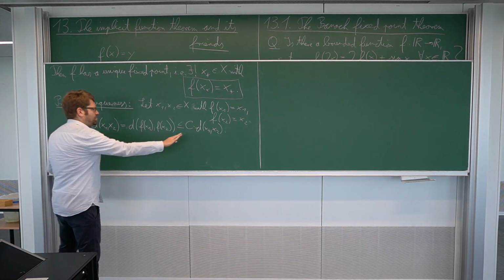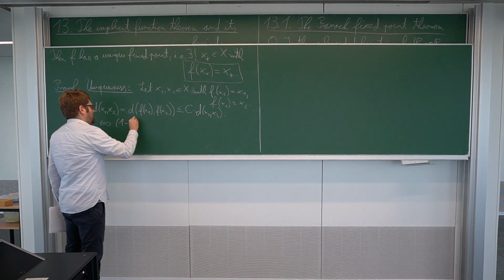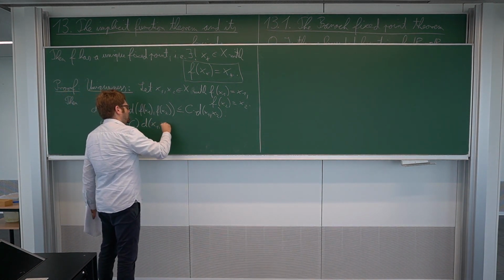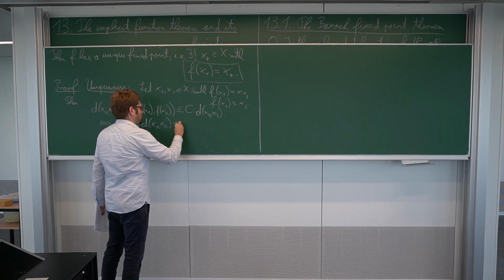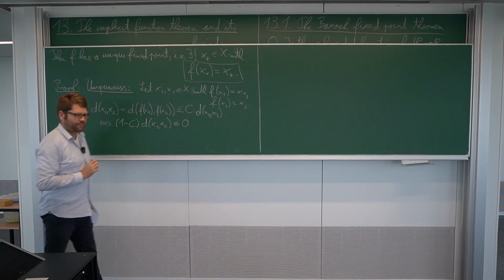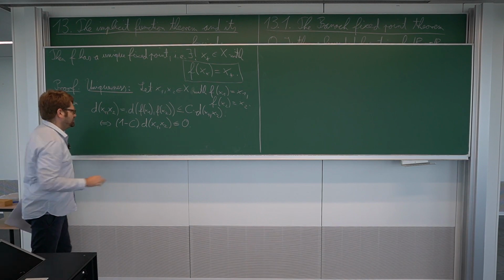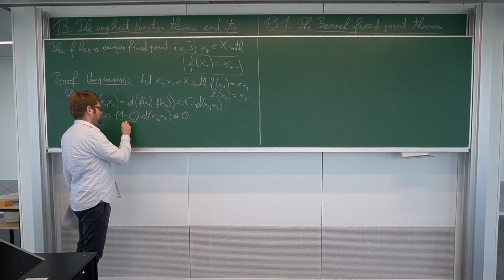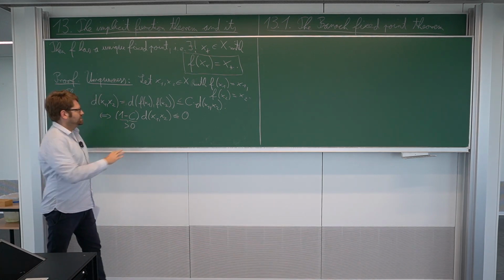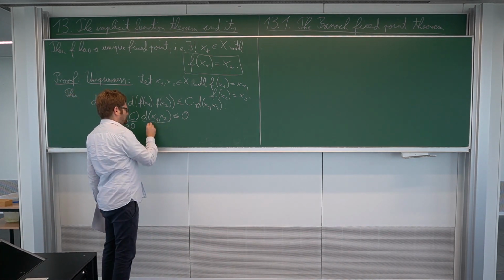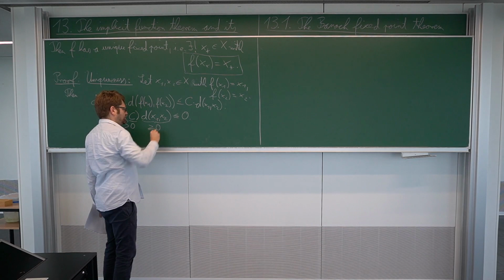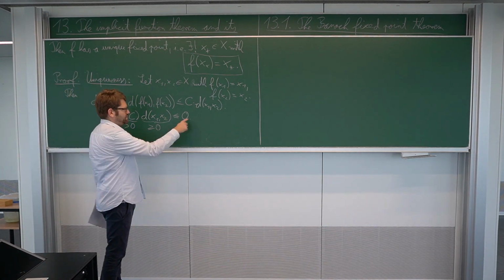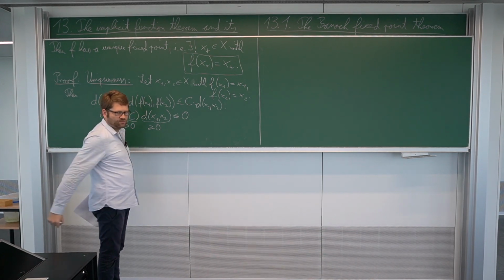Here we have d of x1, x2, here we have c times d of x1, x2. So let's bring this to the other side. Then we get that (1 minus c) times d of x1, x2 must be smaller than or equal to 0. But by assumption c is strictly smaller than 1, so 1 minus c is positive. And d is a metric, which by definition is non-negative. So this is positive, this is non-negative, but the product should be non-positive, smaller than or equal to 0.